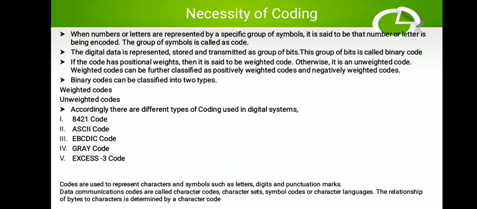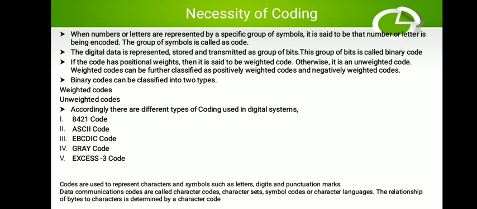So each character which we enter has to be represented by some binary code, that is, some group of bits. Followed? So this is the necessity of coding: for ease of understanding, representation, storing, and transmitting.